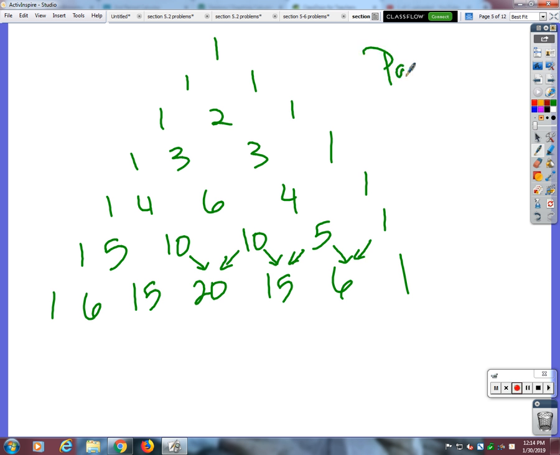It's 6, yeah. This is called Pascal's triangle, and it has a funny little use that comes up sometimes.